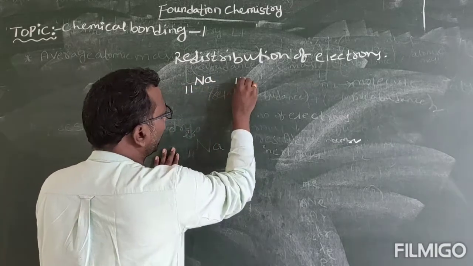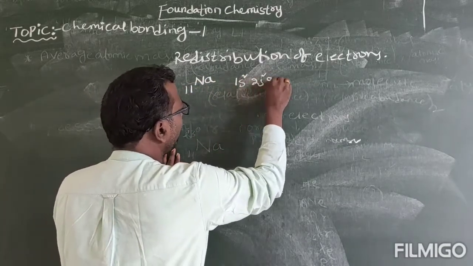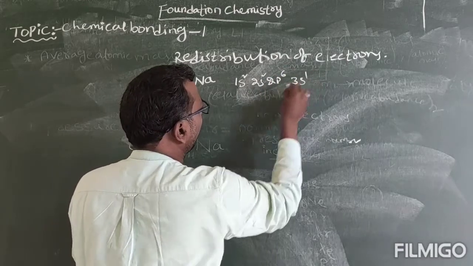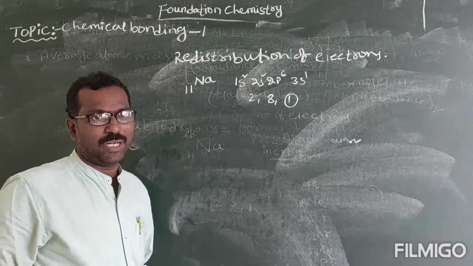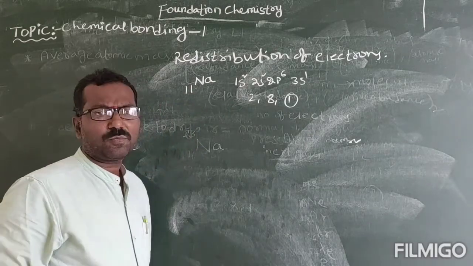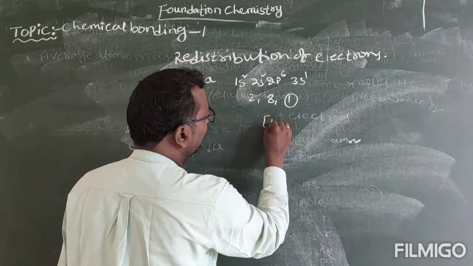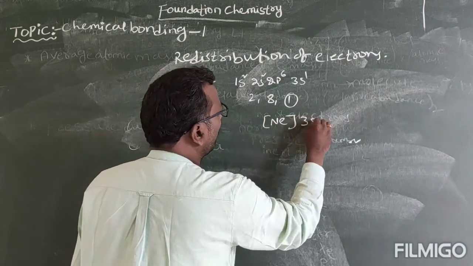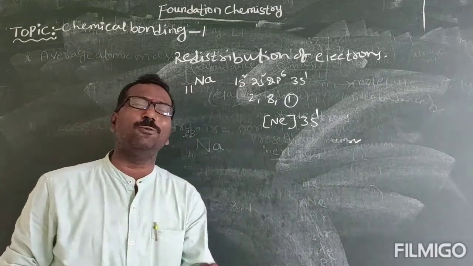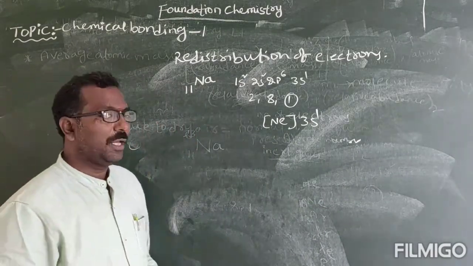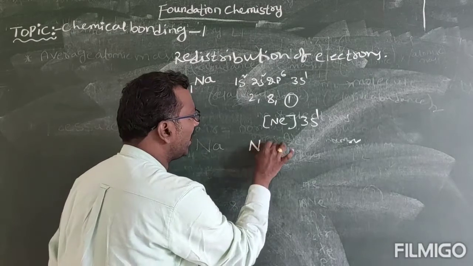So it forms 1s2, 2s2, 2p6 and 3s1, so 2, 8, 1. So 1 is the outermost electronic configuration. Always, sodium is ready to give 1 electron.